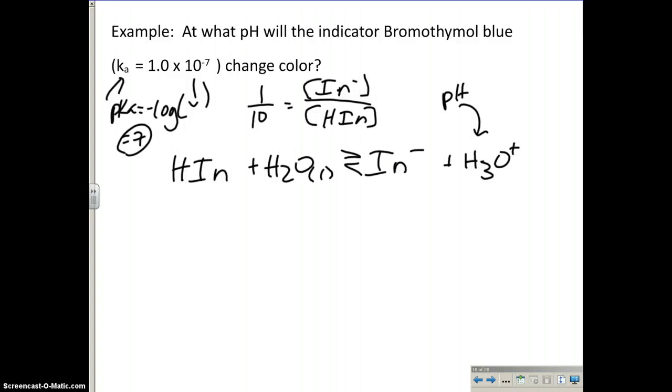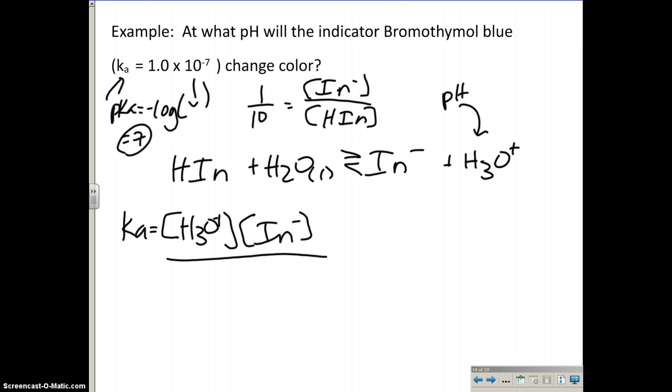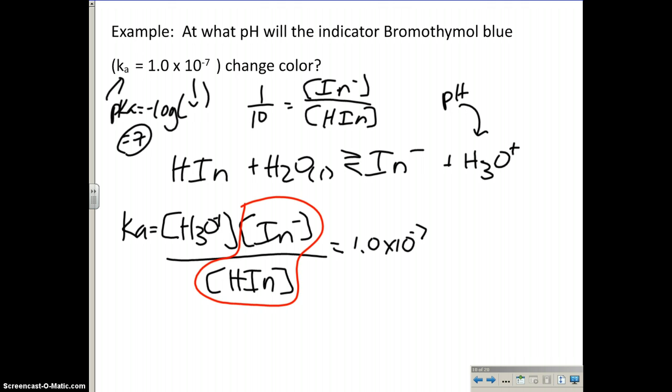We also already talked about the Ka value for this, where we had the hydronium ion times the deprotonated indicator, over the acidic version of it. That would equal the Ka. Well, we have the Ka, 1.0 times 10 to the negative 7th. We know that the color change will occur when the ratio of In- over HIn is 1 to 10.